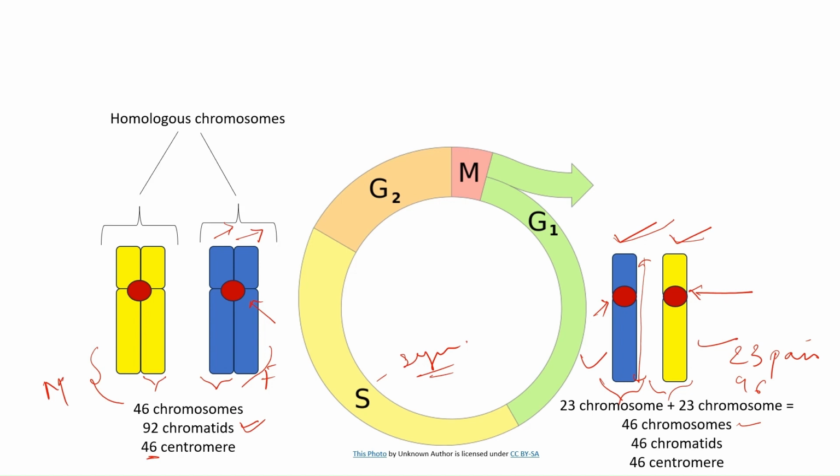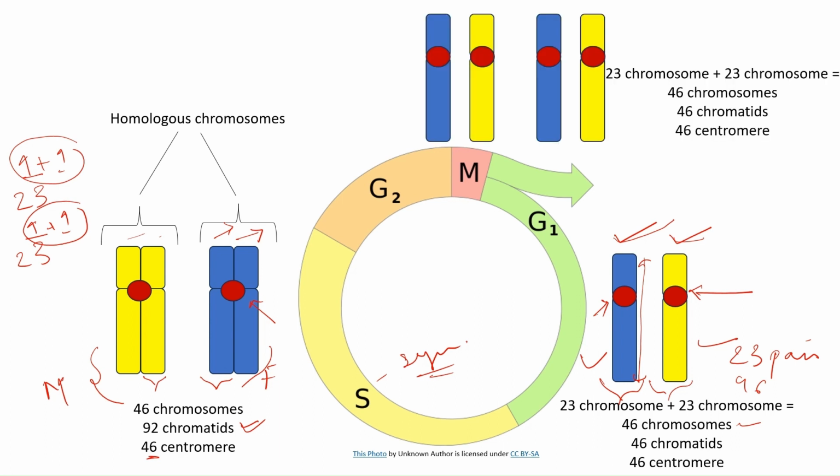Now one chromosome of the father with 2 chromatids and one chromosome of the mother with 2 chromatids, these we call homologous chromosomes, because we get 23 from father and 23 from mother. So here also chromosome number 1, here also chromosome number 1. After duplication it is 1 plus 1, but still we call it a 46 chromosome set. This 1 plus 1 and this 1 plus 1 are known as homologous chromosomes.